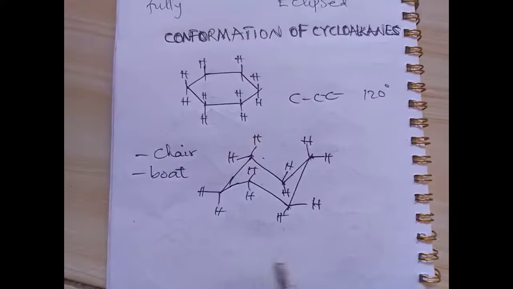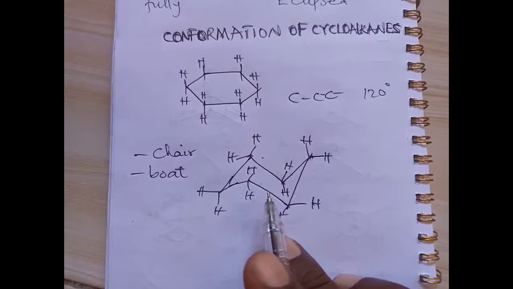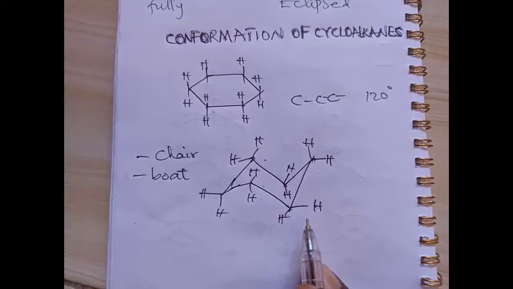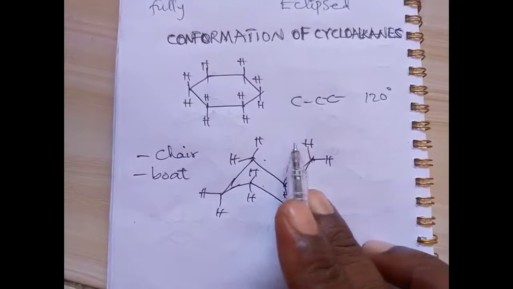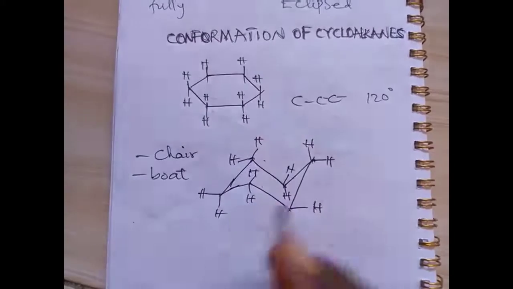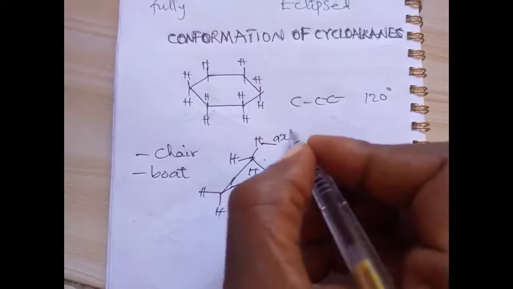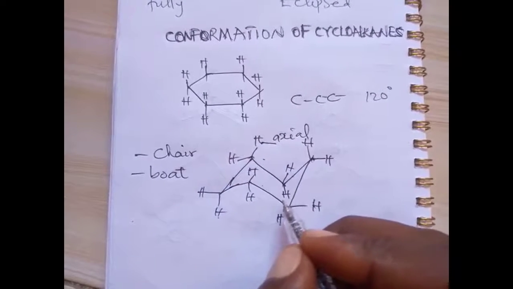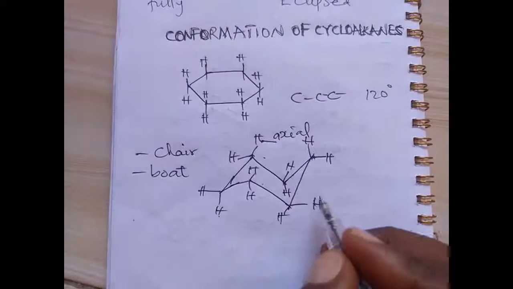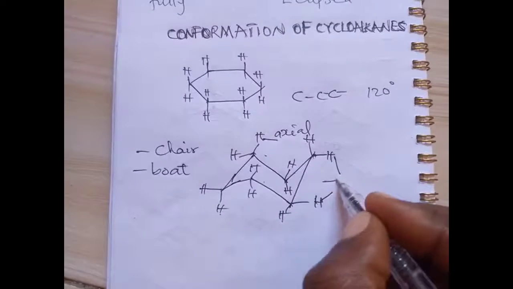Now, we can understand when we look at this closer, we'll notice that there are 12 hydrogen atoms, and they are divided into two groups. Six of the hydrogen atoms are orthogonal to the plane, and because of that, we call them the axial hydrogen atoms, while the other six are located approximately in the plane, and because of that we call them the equatorial hydrogen atoms.